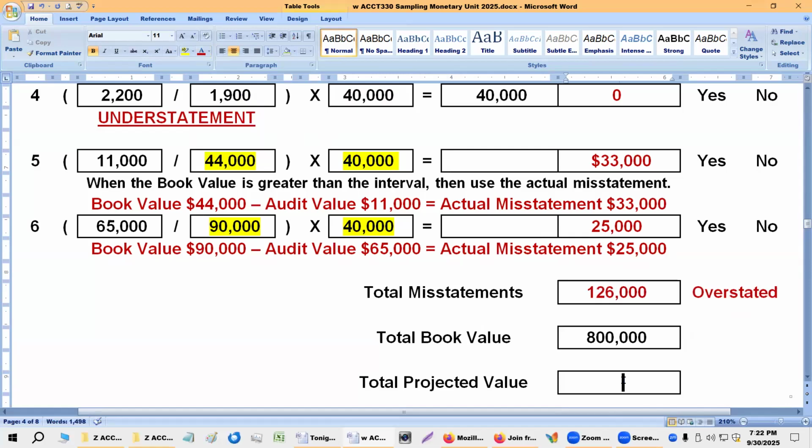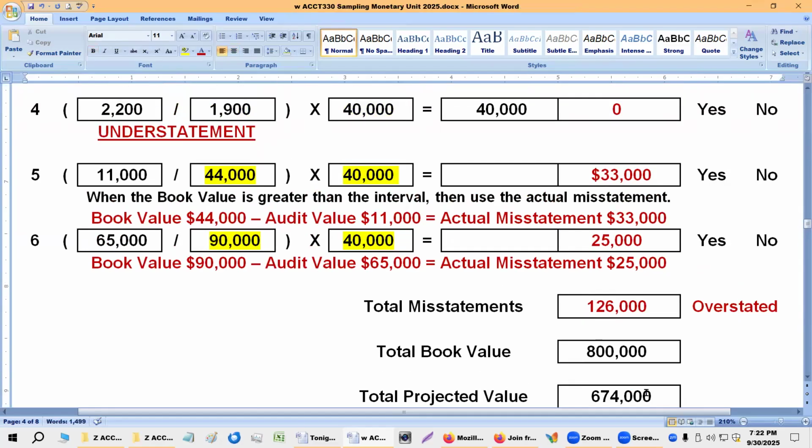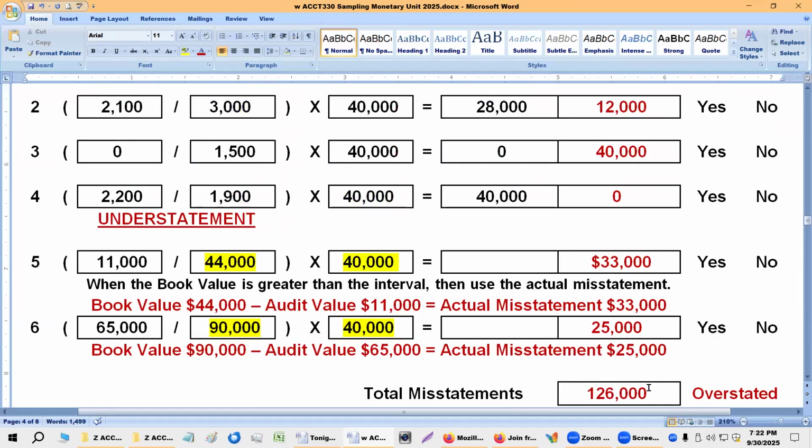The projected value would be 800,000 minus 126. 674 maybe. 674, I think that's it. Okay. And you're saying, wow, that's wacky. It can't get any wackier than that.